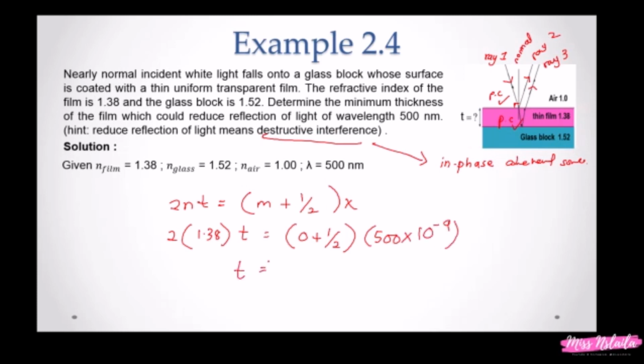And the thickness of this thin film is 9.06 times 10 to the power of negative 8 meter, or you can also write it as 90.68 nanometer.